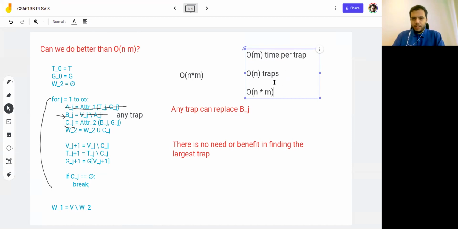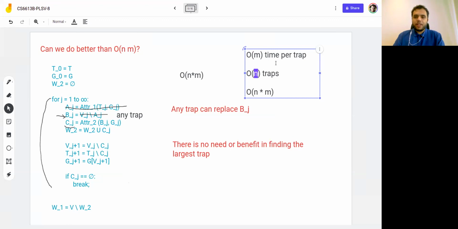So what I need here is to somehow limit the time that I spend per trap. And if I can do that, if I can change this m to an n, then that would be great. But that's actually not possible. At least I don't know how to do that.